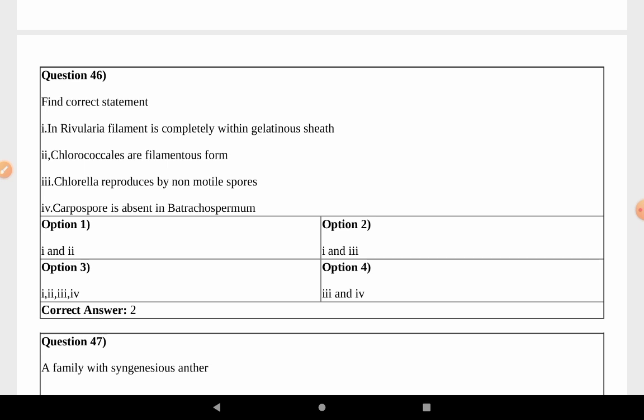So the correct answer is option 2, 1 and 3 options are correct. So statement 1, in Rivularia filament is completely within gelatinous sheath, and statement 3, Chlorella reproduces by non-motile spores.